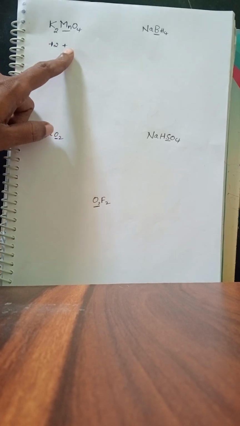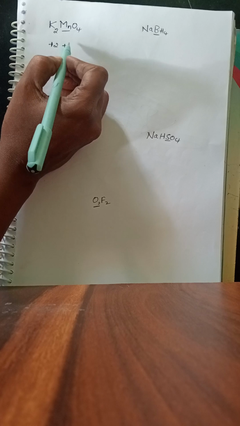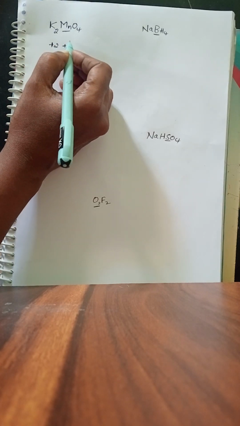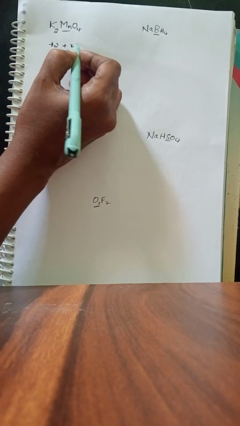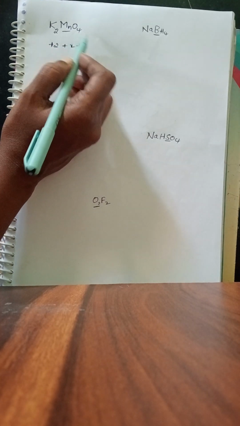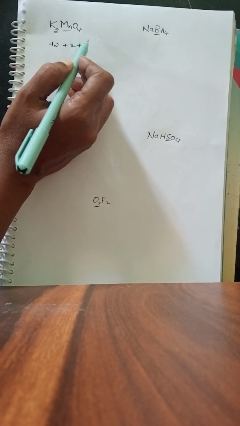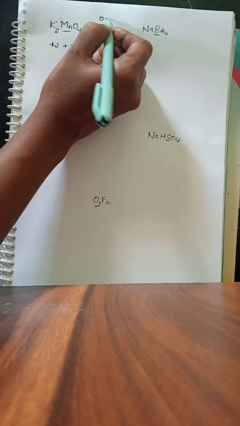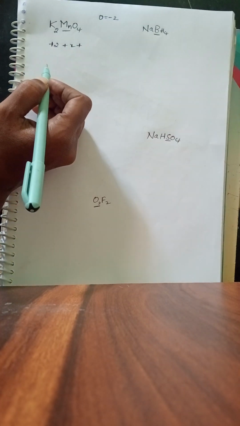Next, we have to find the manganese oxidation state, so we write it as x. I told you already, oxygen always has minus 2 charge.